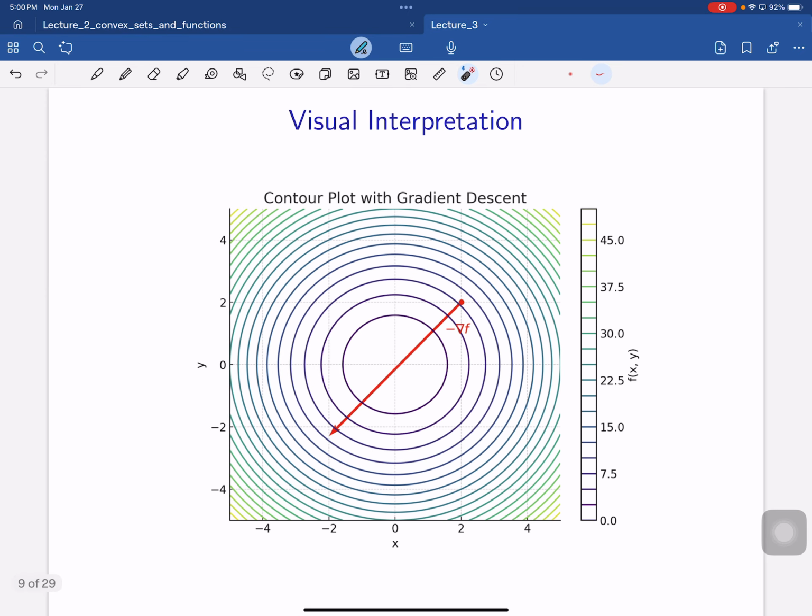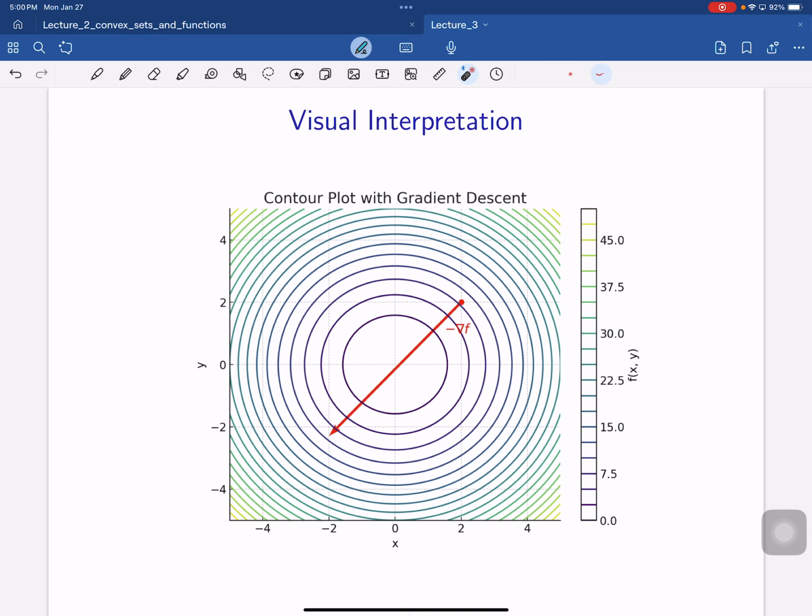Now let's visualize this property a little bit. Here I have xk at a particular point. Those are the contour curves. I want to find the minimum, which is in the center of this contour plot.